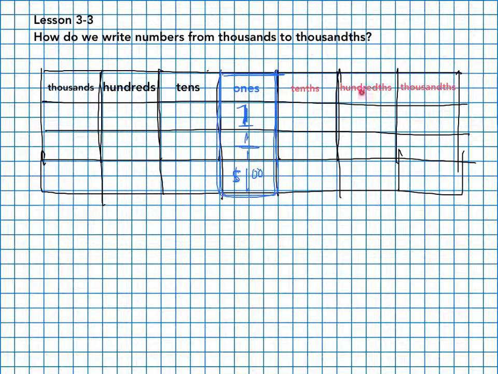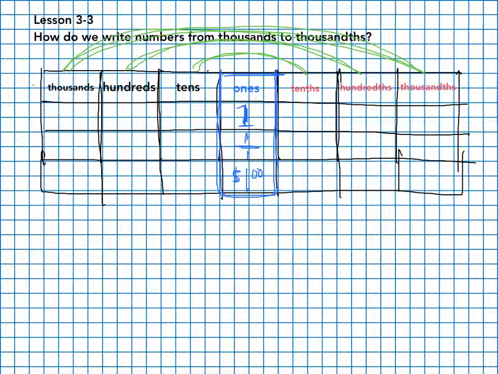If we look, I'm going to draw these lines in green, because I want you to see how they are related. And again, if we were to go here, this is 10,000. This one here would be 10 thousandths. Now, we're going to focus on this line and fill it in terms of numbers.